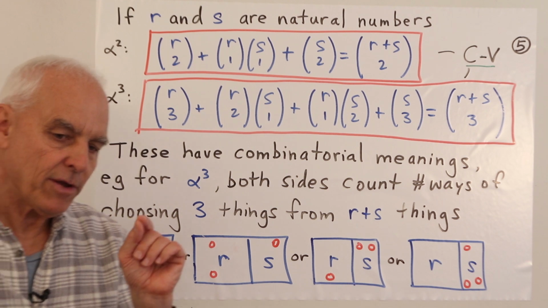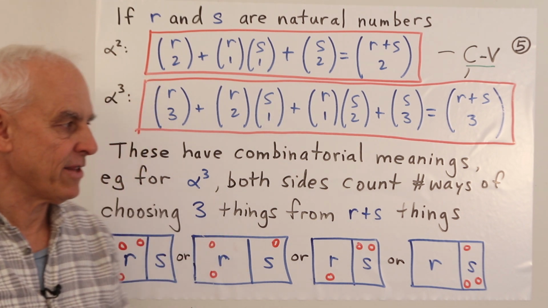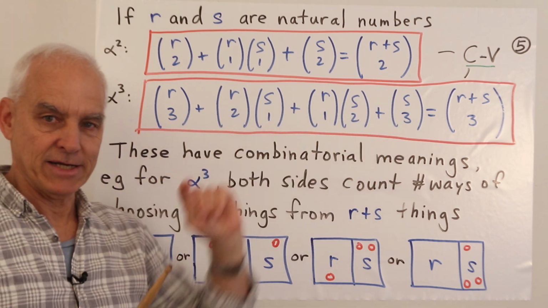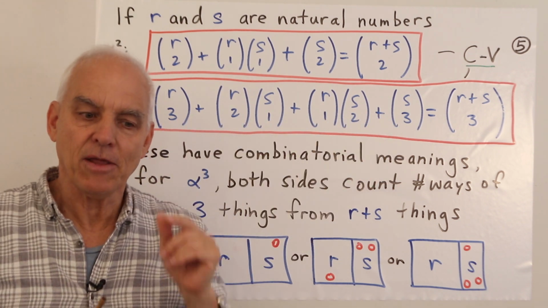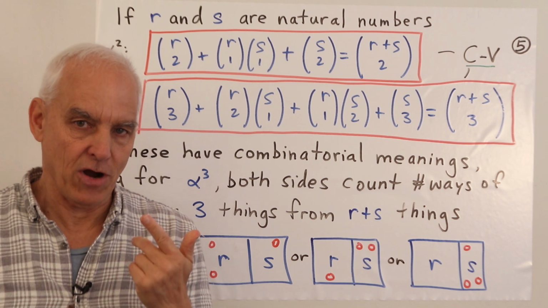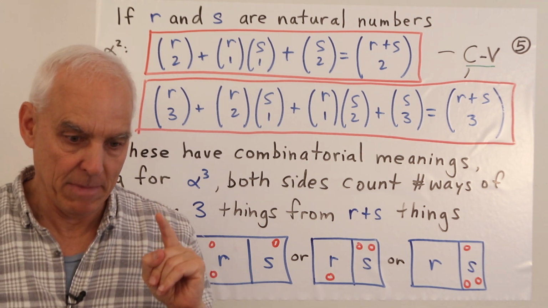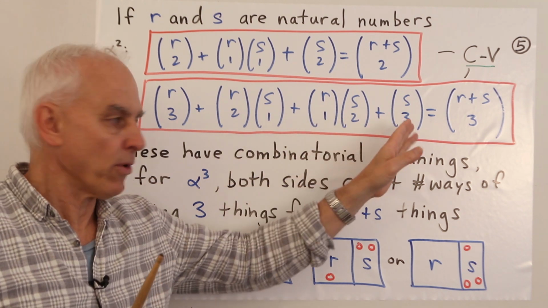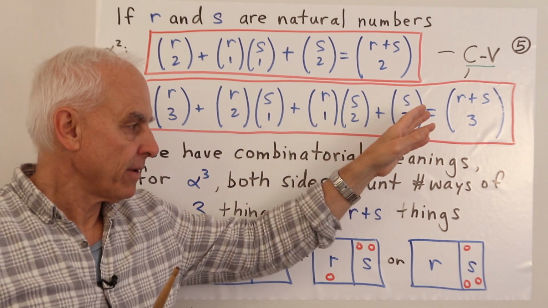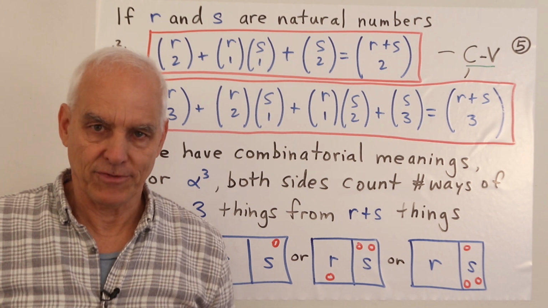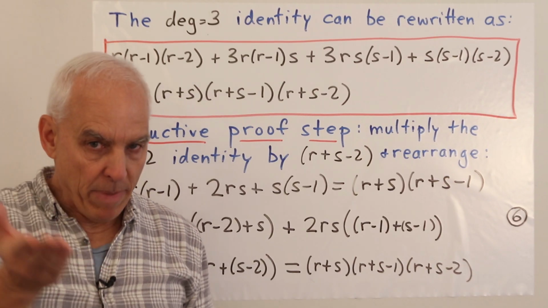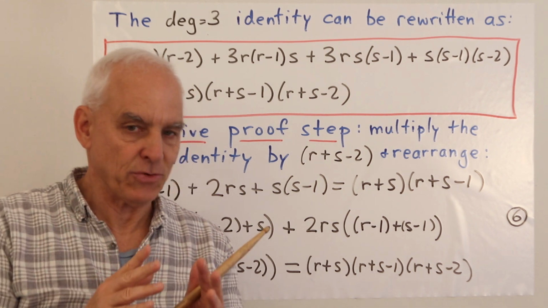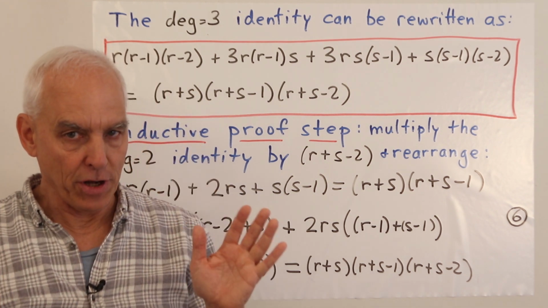But for us, we have an additional challenge in that we're not really finished because we're trying to establish this identity in the more general case when r and s are rational numbers, maybe even negative numbers, where the meaning of such a combinatorial expression is much more ambiguous. So let's go back to our degree 3 identity and go back to the situation where r and s are now rational numbers.